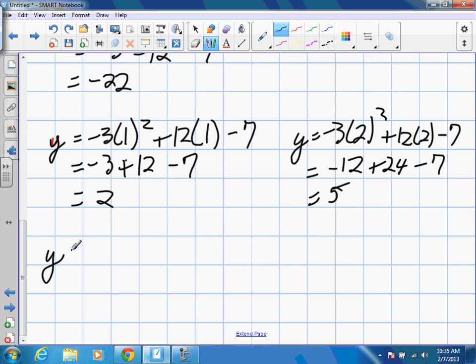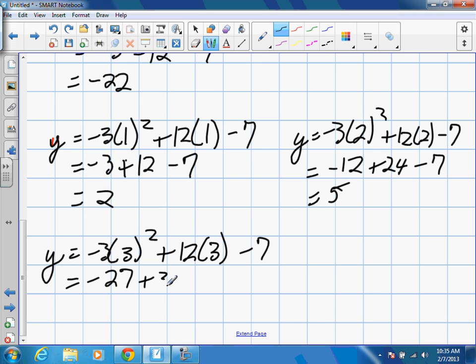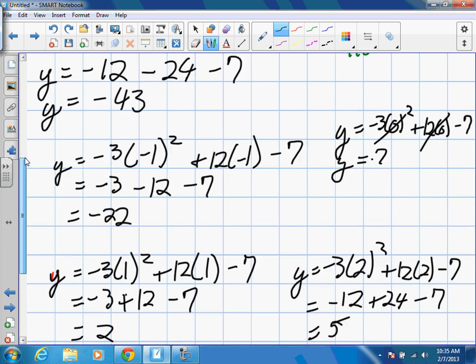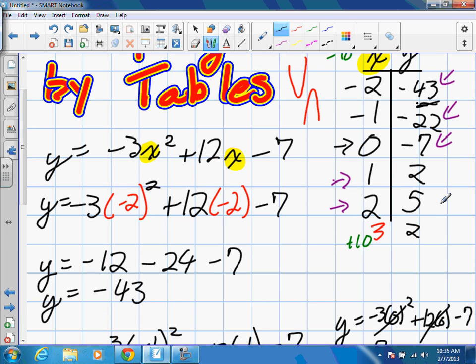Y equals negative 3 times 3 squared plus 12 times 3 minus 7. That's 9 times negative 3 is negative 27 plus 36 minus 7. That's going to be 2. So you notice now our y values hit a peak at 5 and started to come back down.